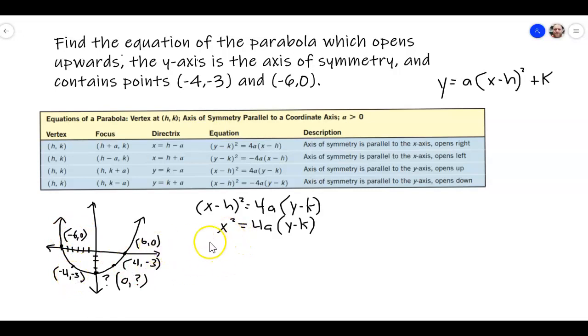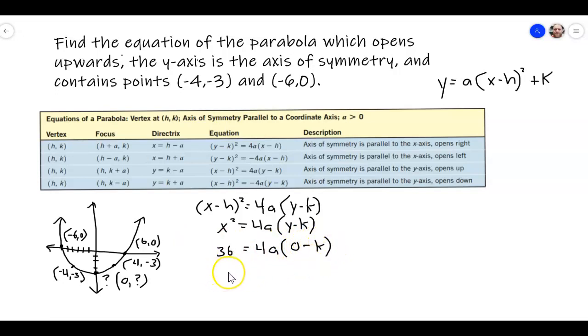So if I use (6, 0), I'm going to substitute 6 in for x, 0 in for y, and I'm going to get 6 squared, which is 36, is equal to 4a times my y, which is 0, so 0 minus k.